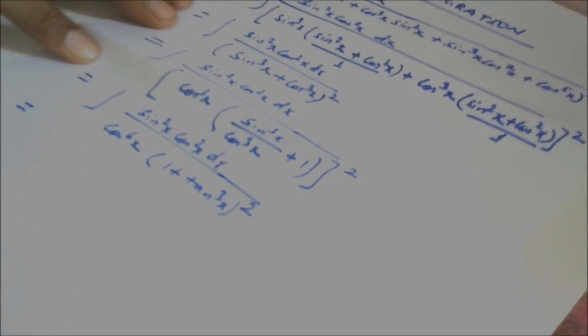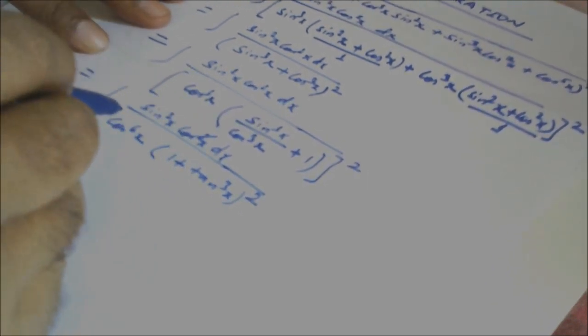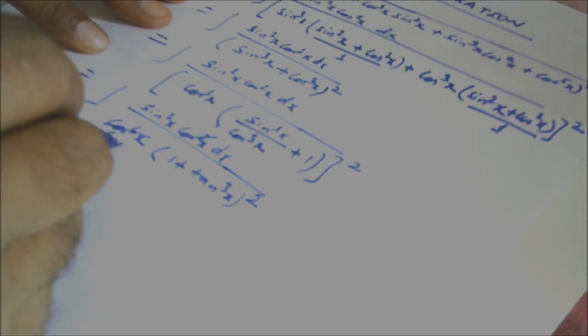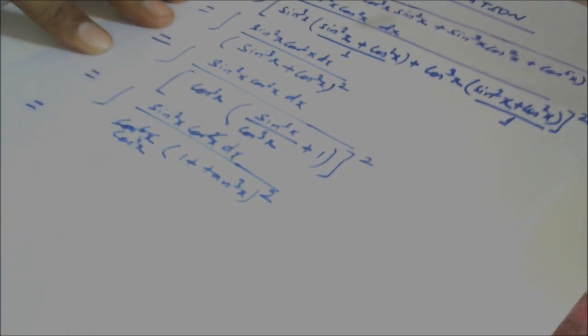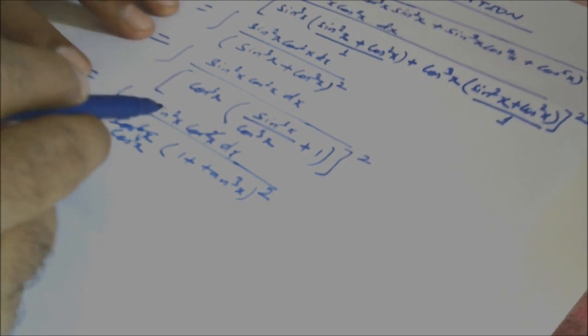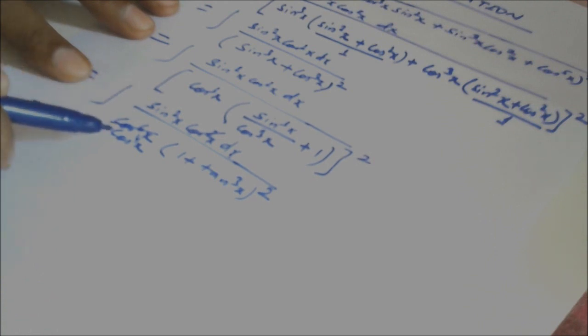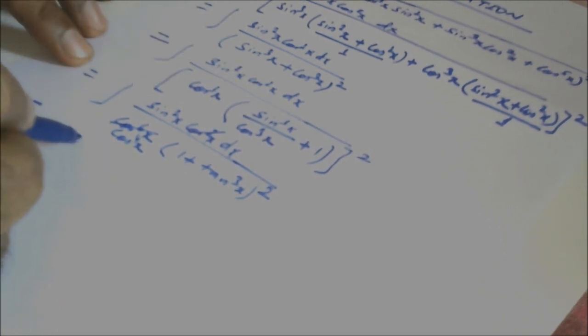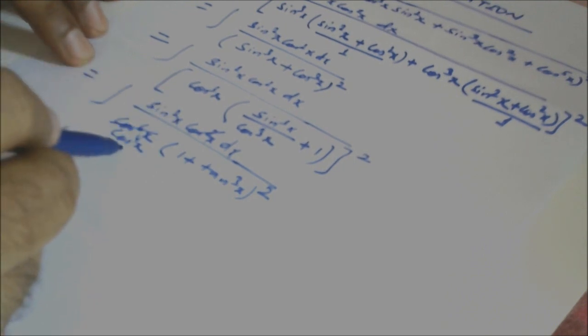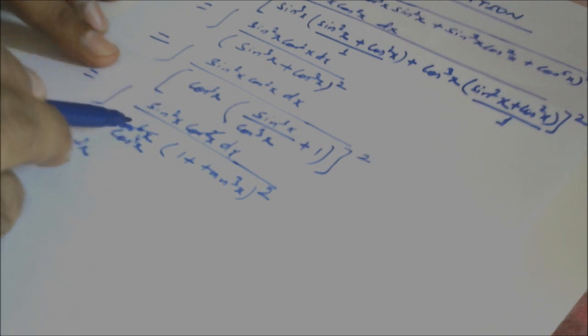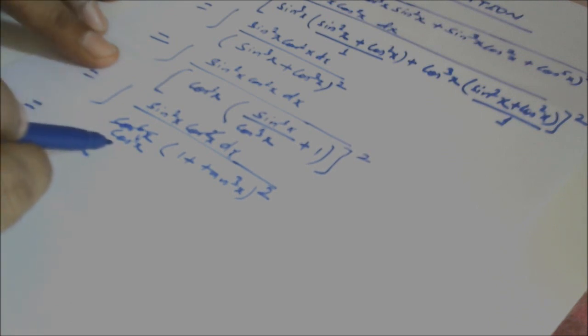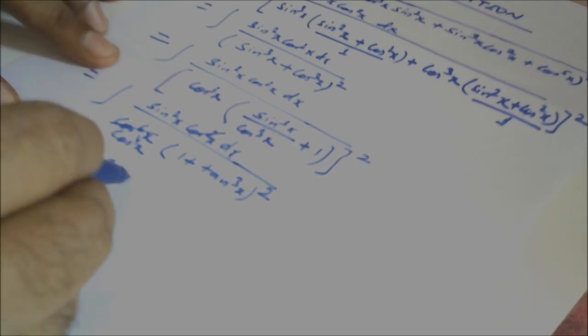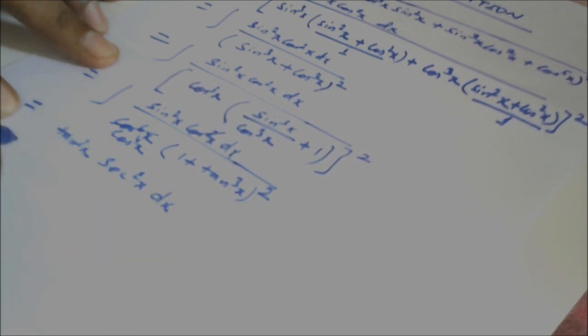Now further, this cos square x cancels with cos to the power 4x. So sin square x divided by cos square x becomes tan square x, and 1 by cos square x is left because it is cos to the power 4x. We utilized only cos square x from here, so that sin square x divided by cos square x becomes tan square x, and 1 by cos square x is left, which is secant square x. So we write secant square x dx.